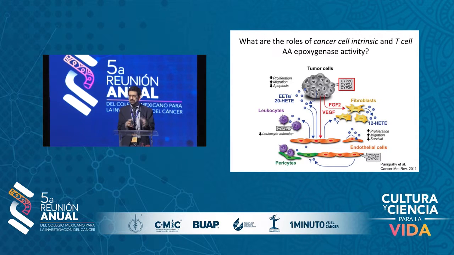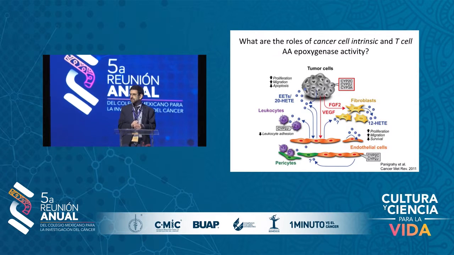The idea is that there's cancer cell intrinsic expression of cytochrome P450 enzymes, with synthesis of these eicosanoids, which I'll show you later, can not only impact bioenergetics, but can also have an impact on mTOR function and the nuclear pore complex. And this is all residing within the cancer cell epithelium.